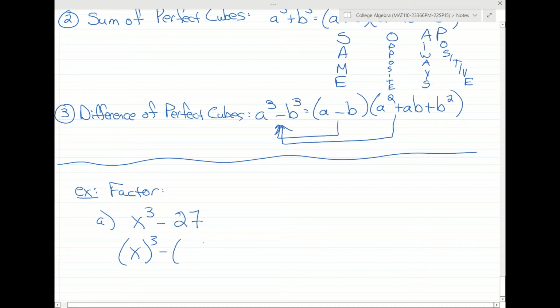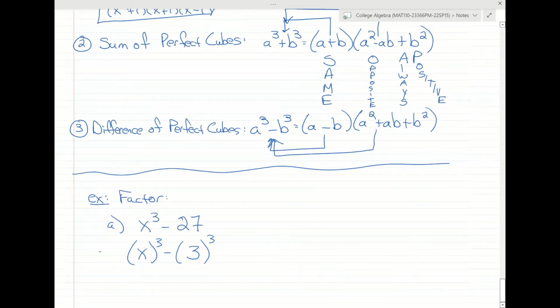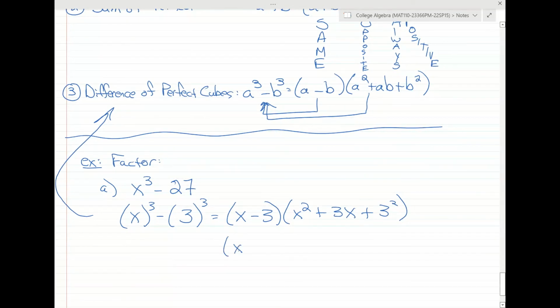Obviously x. What cubed is 27? 3, right? So looking at the formulas we wrote down, this would be this third formula. We write the first term, same sign, the second, the first term squared, the opposite sign, x times 3 or just 3 times x, always positive, the last term squared. So the final answer for this would be x minus 3 times x squared plus 3x plus 9.